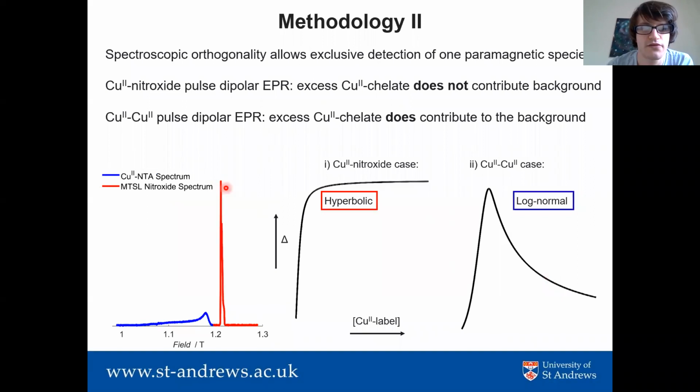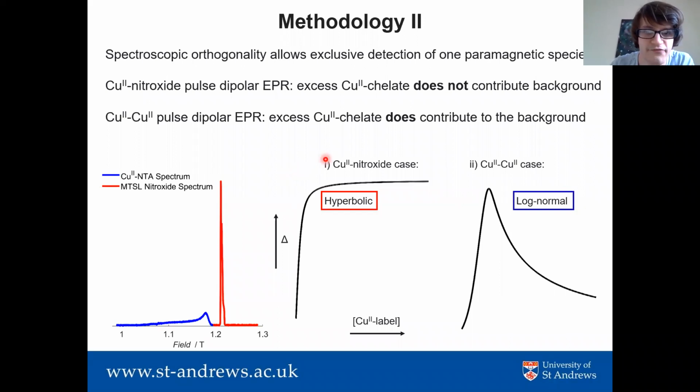So another thing to note about these copper-based spin labels is that when you are at Q-band or higher frequencies, typically they're spectroscopically orthogonal with respect to nitroxide radicals, but also other organic radicals. And that means that you can detect each species very selectively.